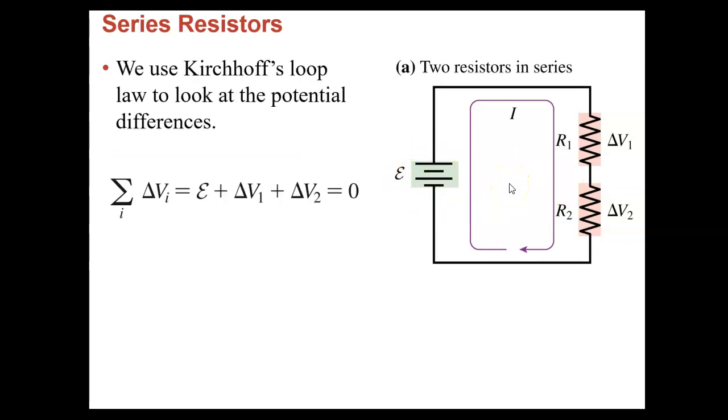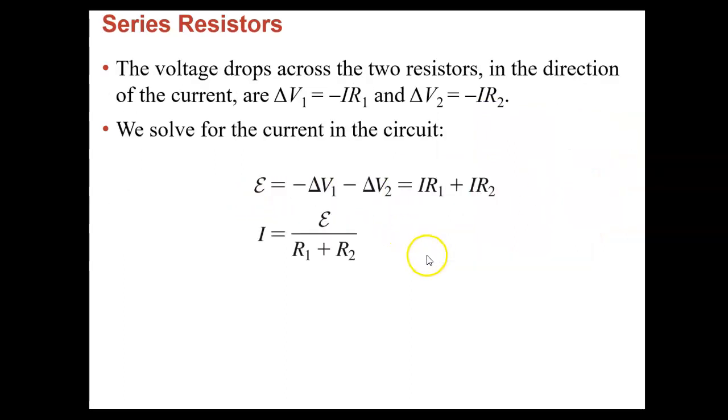So the EMF voltage plus the differences in voltage across these two are going to be equal to 0. In this case, the voltage drops across the two resistors in the direction of the current are ΔV1 equals current times resistance of resistor 1, and ΔV2 equals current times resistance of resistor 2. So we can solve for the current.